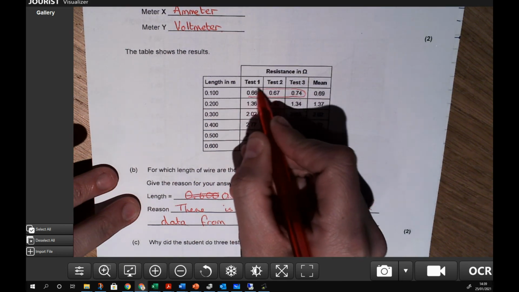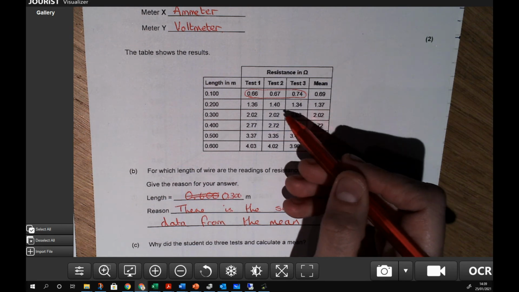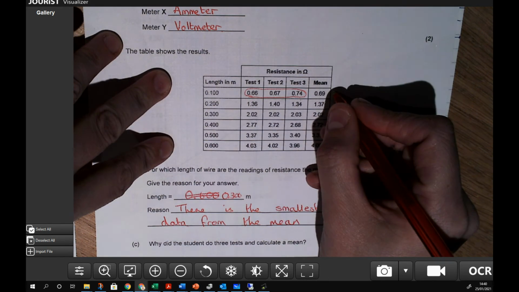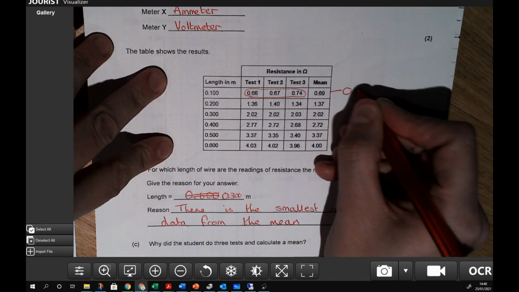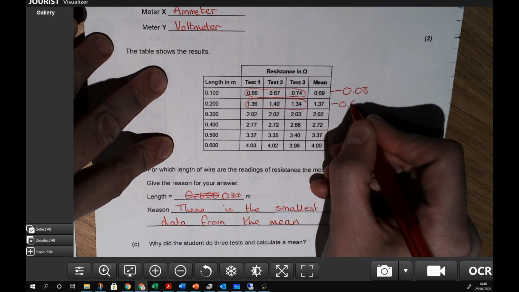If you look there, here we go from 1.34 to 1.4. So that has got a range of 0.08. That has got a range of 0.06.